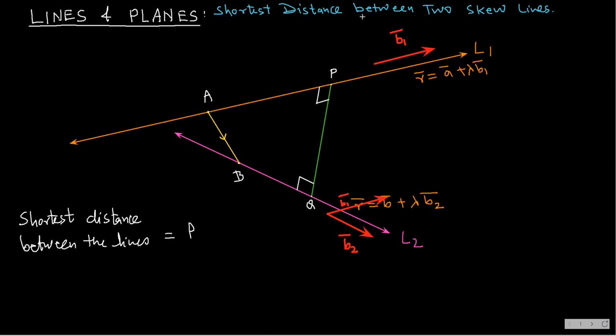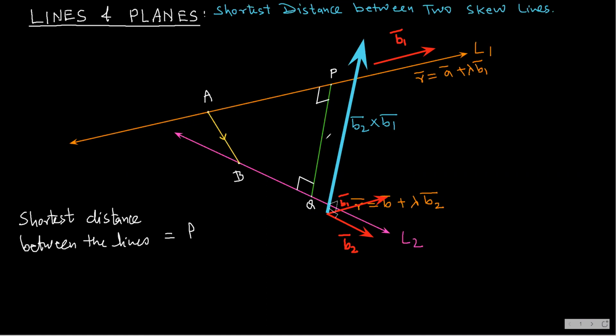And the cross product of the vectors will come this way. See, it will be perpendicular to both. It will be perpendicular to B2 bar and B1 bar both. See, it is perpendicular to B1 bar and perpendicular to B2 bar. What vector is this? This is vector B2 bar cross B1 bar.